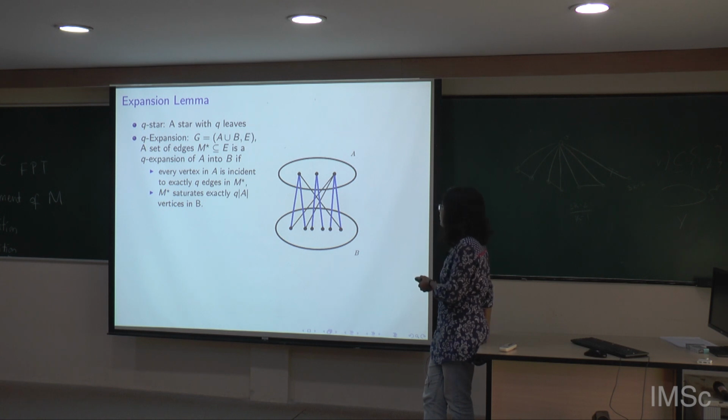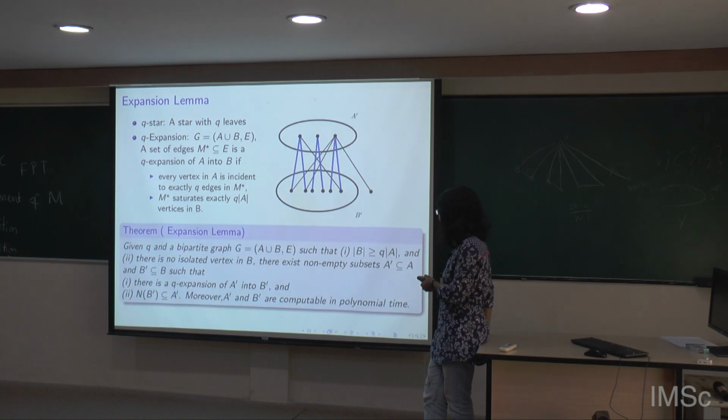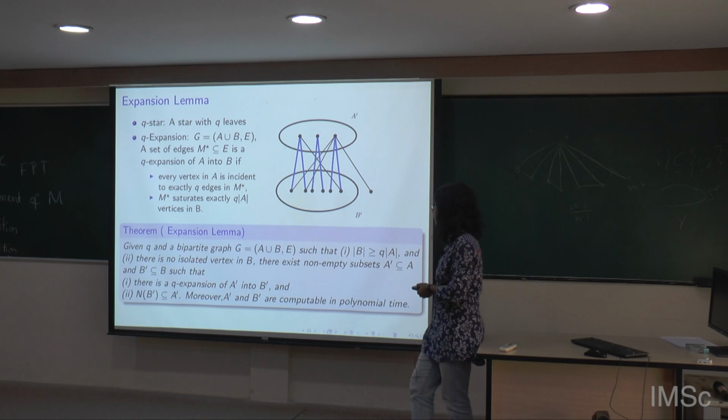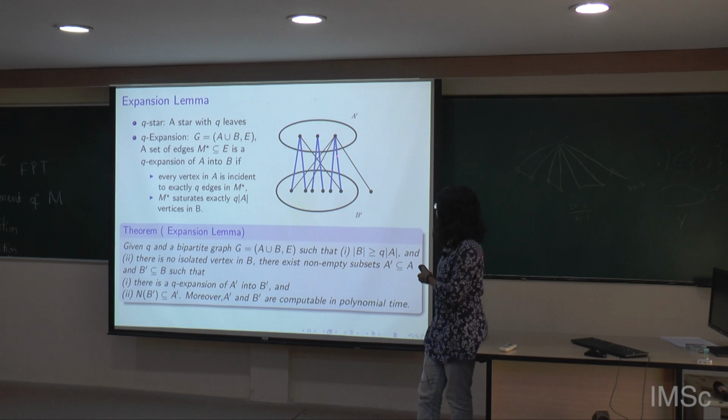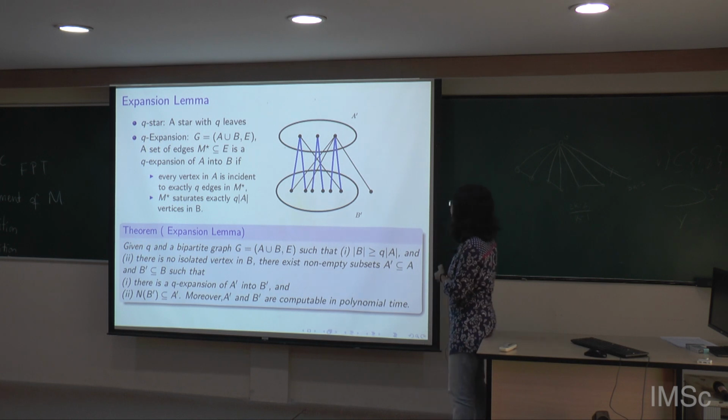What is the other property? The expansion lemma says that given a graph, I can find sets A prime and B prime such that there is a q-expansion of A prime into B prime, and crucially the neighborhood of B prime is a subset of A prime. So A prime can see things outside B prime, but B prime does not see anything outside A prime.